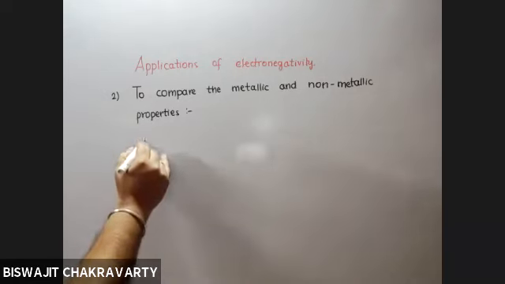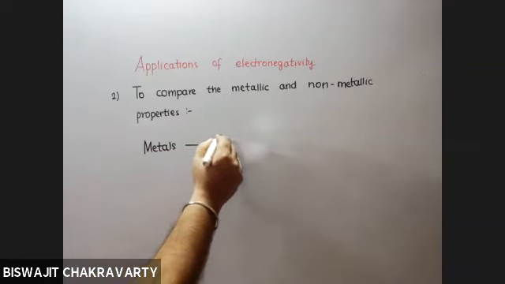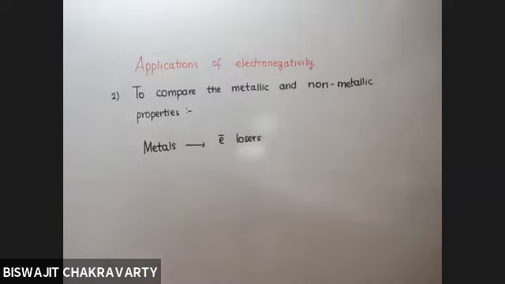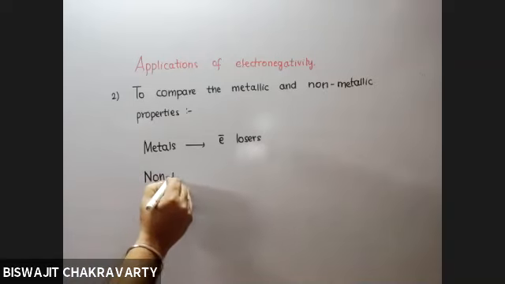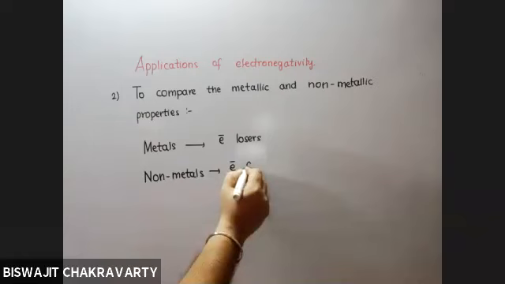Now, who are metals? Metals are electron losers, isn't it? Non-metals are electron gainers.